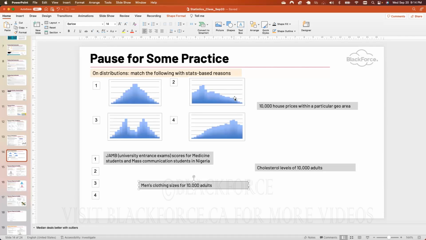Because let's say people here are extremely obese. You have lots of people that are really, really big. But as far as men's clothing, at some point there's a cutoff. Beyond that is the kids section, right? So it's this cutoff that's informing putting this against 2. But yes, you're right that the distribution shape would depend on different factors, but that cutoff is what informed putting it here.